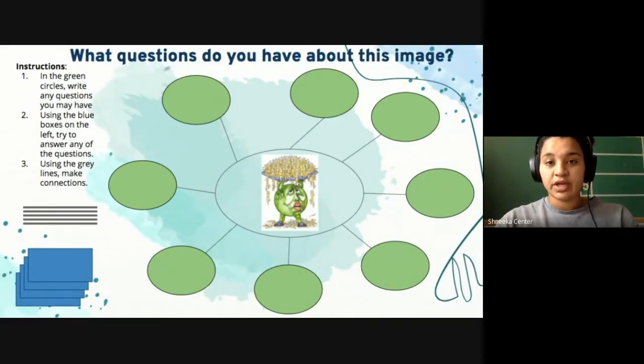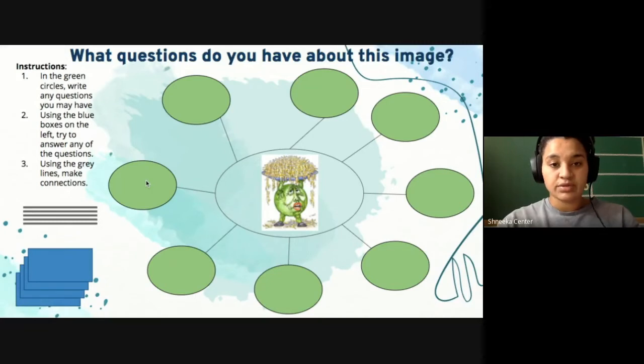You're going to be working on this gallery walk as a group, so you do not have to fill out all of these circles. You may only have to fill out 1 or 2 circles, and then your partner can fill out another 1 or 2, and another partner can fill out another 1 or 2. Once all of these circles are filled out and all of your questions are complete, you're going to take these blue boxes and answer the questions.